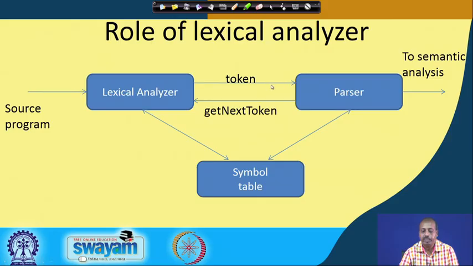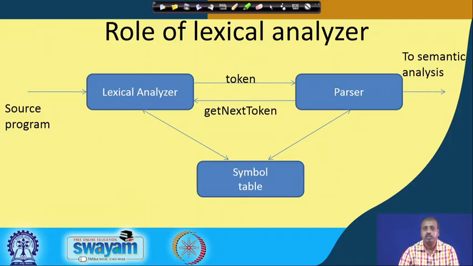The way it operates is that whenever the parser requires some further token, it will request the lexicon analyzer tool to give it the next token. In turn the lexicon analysis tool will scan the input program from wherever it was scanning previously, and accordingly it will identify the next valid word that appears in the input program of the language and return the corresponding token to the parser.